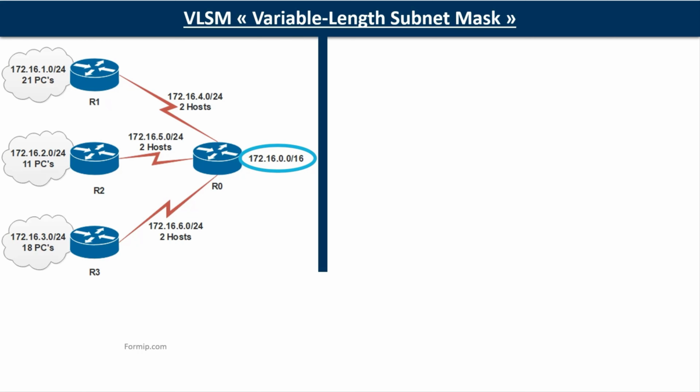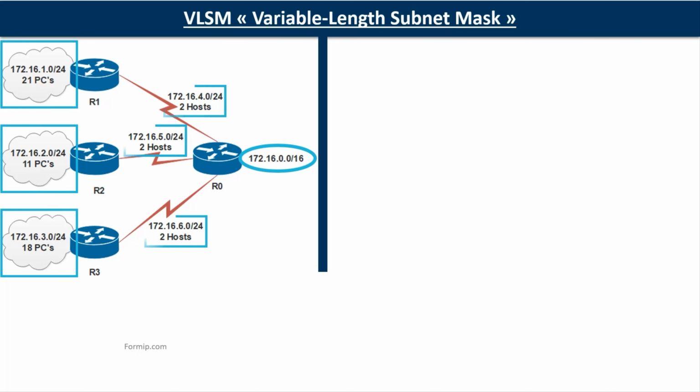In this context, most host addresses are lost. Whether on user networks, where there are very few PCs, or on the WAN links, which are point-to-point links, which really only need 2 IPs. For the latter case, it's like 252 IPs lost on each WAN link.